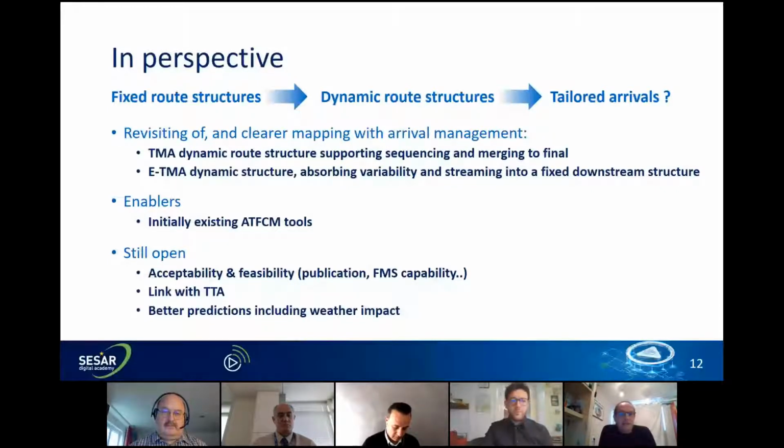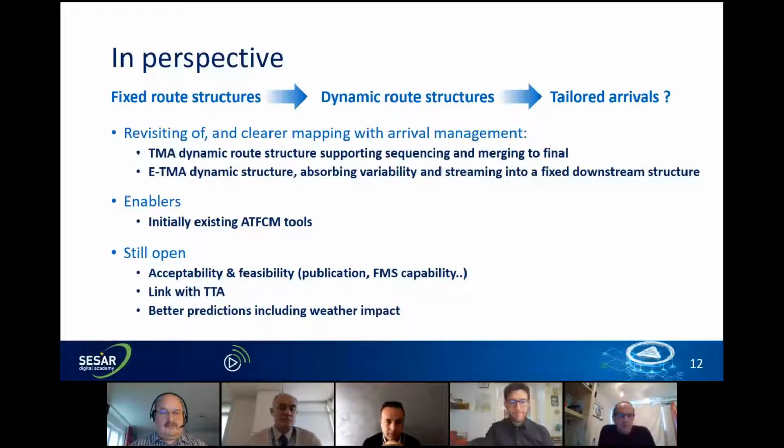So what we did is a kind of revisiting and also clear mapping with arrival management, in the sense that we could imagine deploying dynamicity in TMA for sequencing and merging to final, or deploy it in extended TMA upstream to absorb variability and streaming traffic to a fixed downstream structure that would be more efficient. Or it could be a mix of the two.